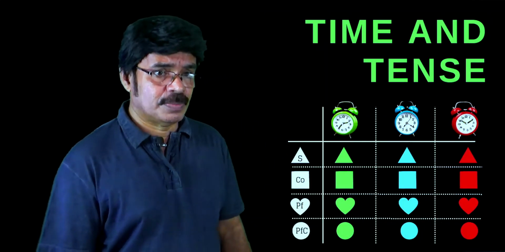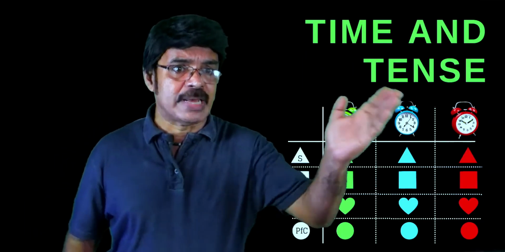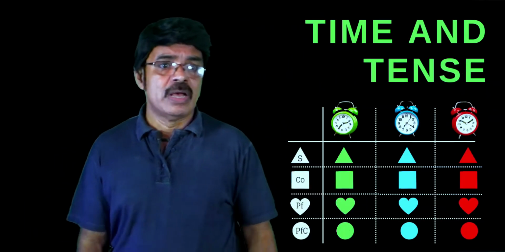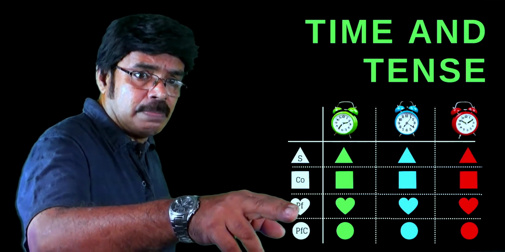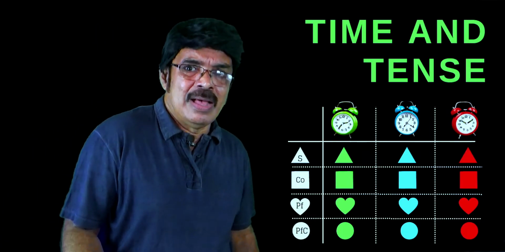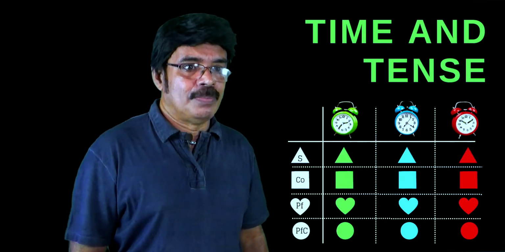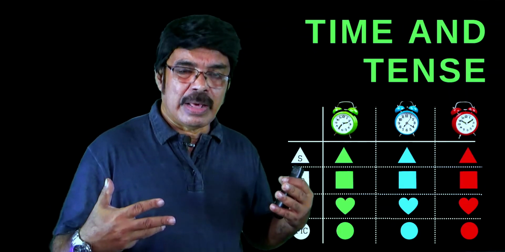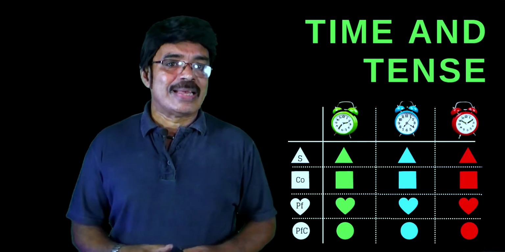Time and tense. Last week I told you that we have three times, that is present, past and future, and then simple, continuous, perfect and perfect continuous. Four aspects. Basically English tenses do have two aspects, as they say, but we use four aspects when learning for our convenience.